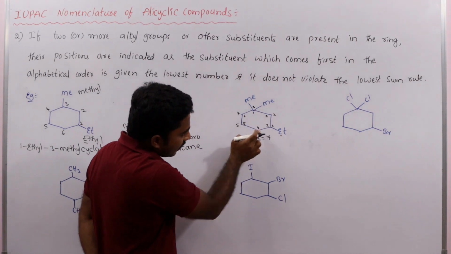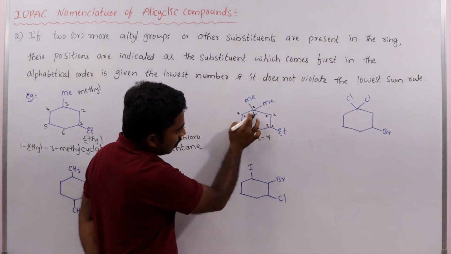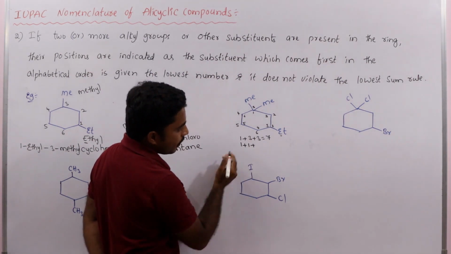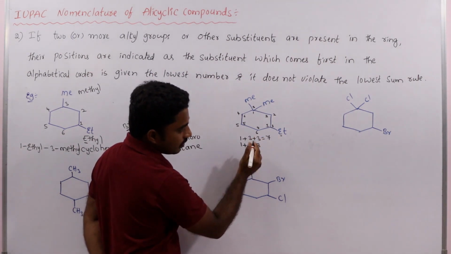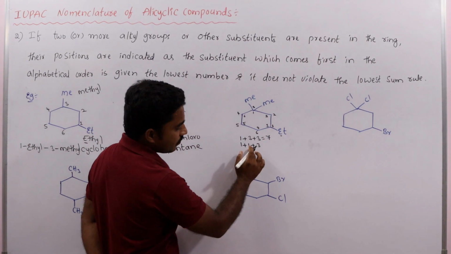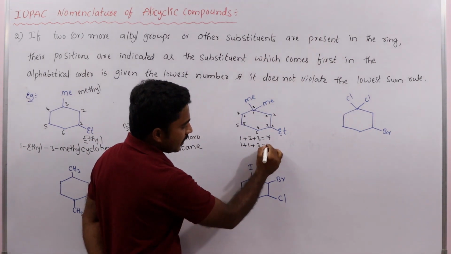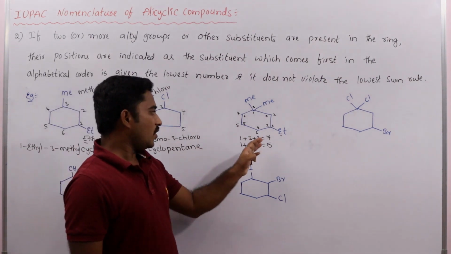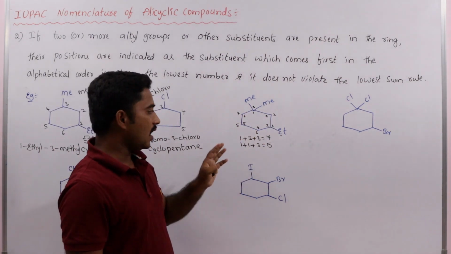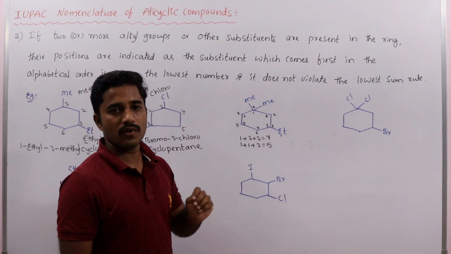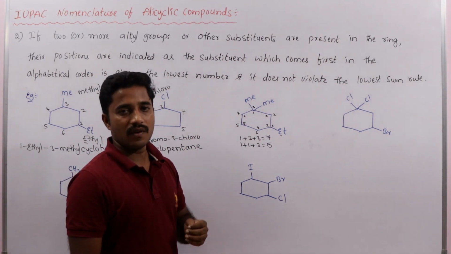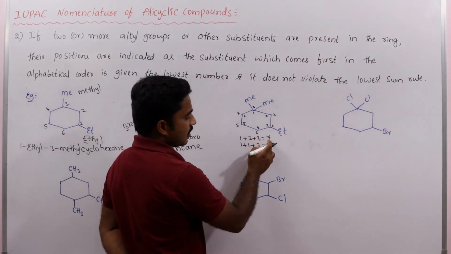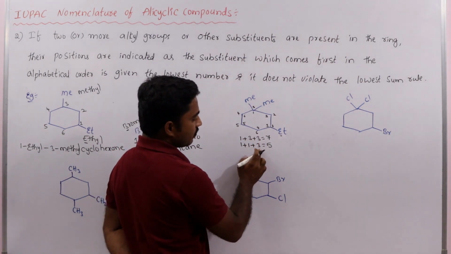If you give numbering like this, 1, 2, 3, 2 methyls at the first position, that's 1 plus 1, then at the 3rd position ethyl, 1 plus 3, so totally 5. So when substituents are present in this way, we have to follow the lowest sum rule, even if that violates the alphabetical order. So 1 plus 3 plus 3 is 7, 1 plus 1 plus 3 is 5.